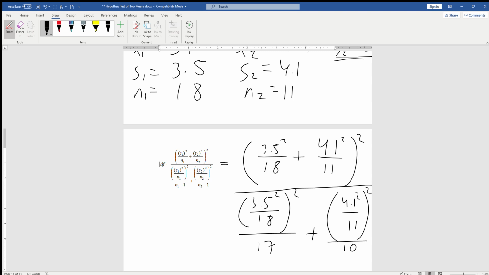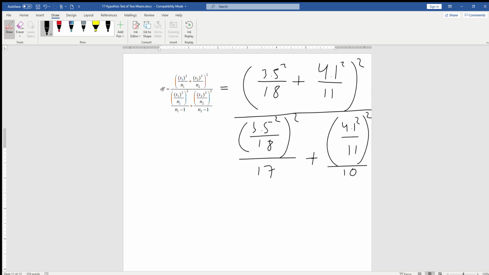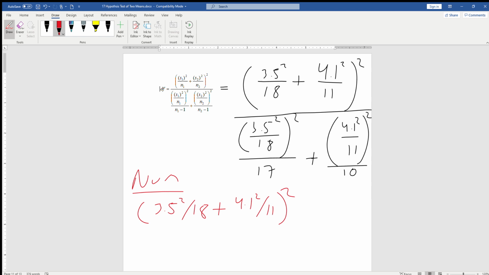Now, the way to compute this is to put the numerator first in your calculator and then the denominator second. I'm just going to define this as our numerator. In your calculator, you're going to enter the quantity 3.5 squared divided by 18 plus 4.1 squared divided by 11, and we're going to square that.